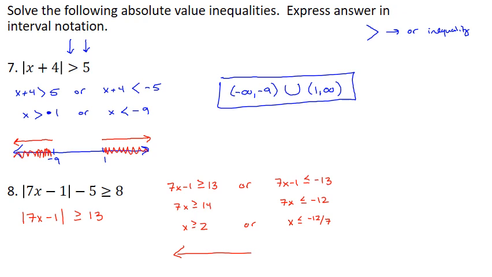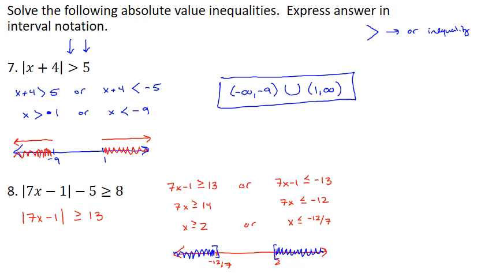So when you're drawing this number line, negative 12 sevenths comes first, and then the 2. So according to this, x is greater than or equal to 2. So that's everything in this direction. x is less than or equal to negative 12 sevenths. So that is everything in this direction. All right. Since both of them have equal signs, we are going to use brackets on both of them.